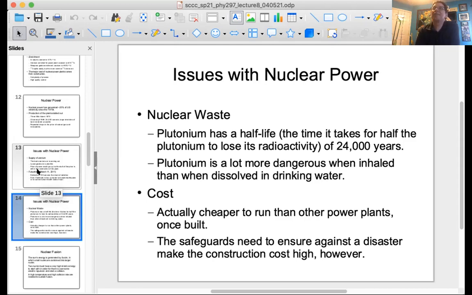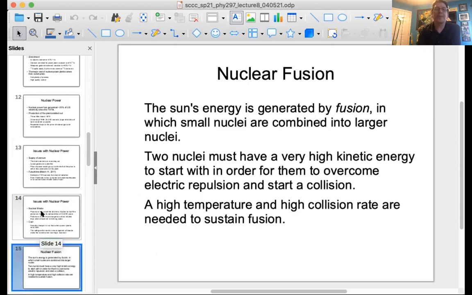And if you treat the construction as a sunk cost, you're going to pay it one way or the other, and you have it. What do you do with the existing plants? Or do you make a priority of closing the existing plants as quickly as you would close a coal plant, for example? And so these are things you need to consider.